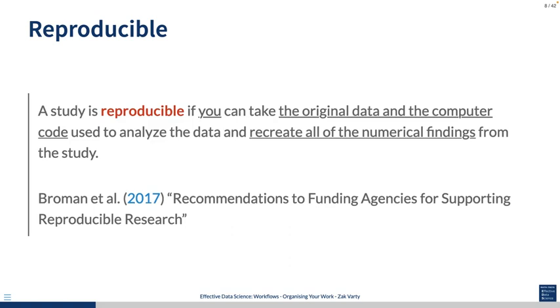Does it specifically mean you yourself in the future? Or should somebody else with access to all of that data and code also be able to recreate your findings? Additionally, should this reproducibility be limited to just the numerical results? Or should they also be able to recreate the associated figures, or reports, or press releases?